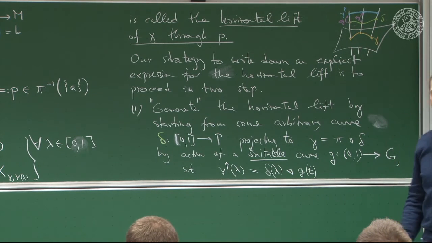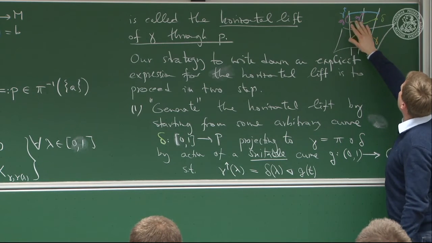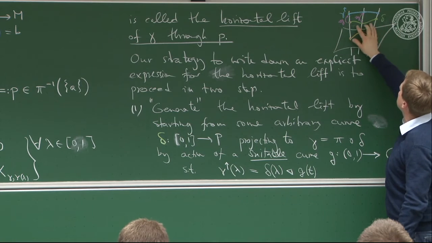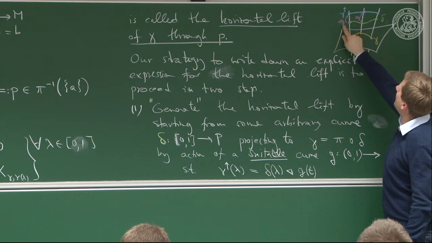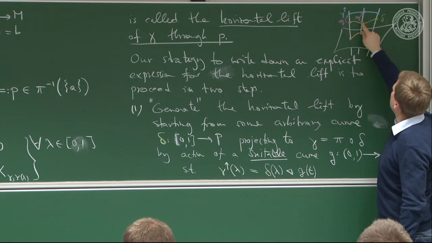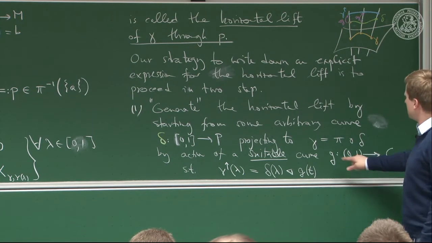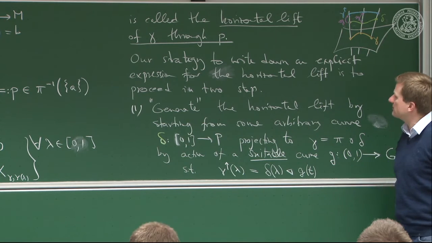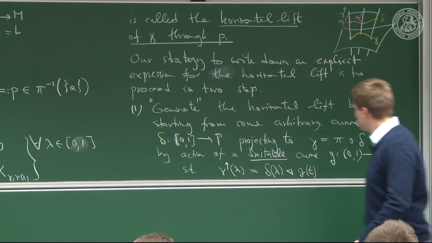Okay? And it's absolutely clear that I can do this. No matter how exotic this delta here is, I will be able to find a group element that takes me to another point in the fiber, namely precisely the point where I want to go. But of course, this imposes a condition on this g. Right? So that's the strategy by which we proceed here.